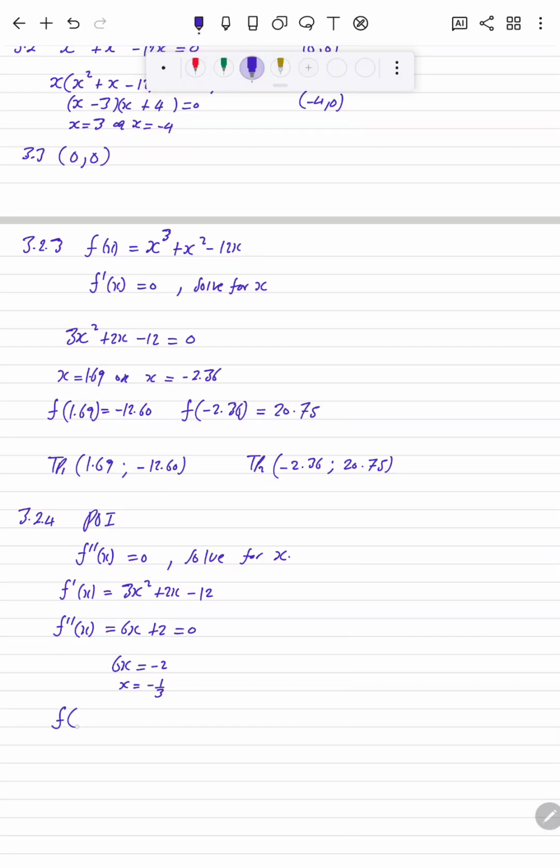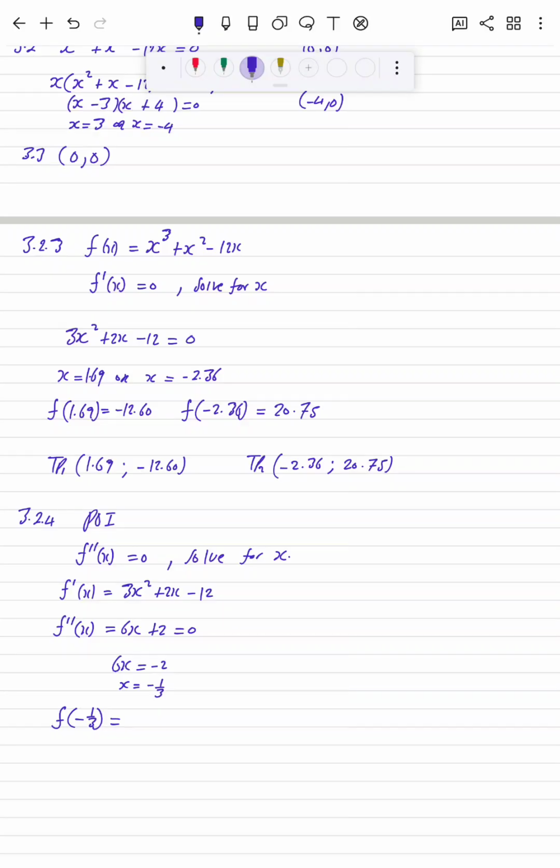And then you find f of negative 1 over 3. So you're going to go to the original function and you're going to find negative 1 over 3 all to the power 3, plus negative 1 divided by 3 all to the power 2, minus 12 multiplied by negative 1 divided by 3.